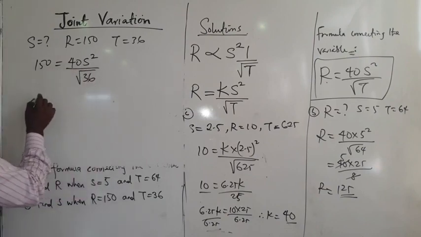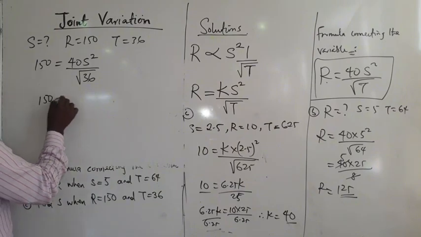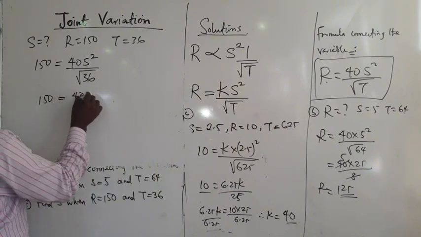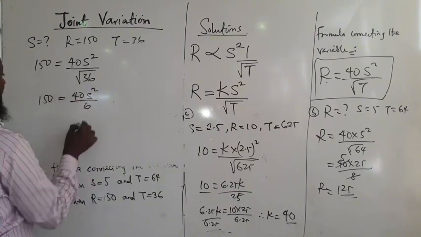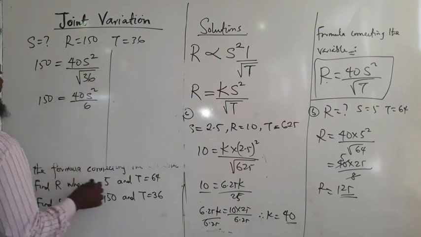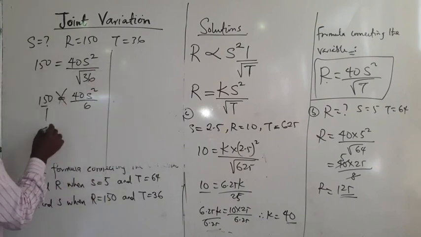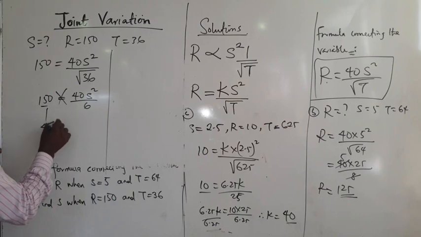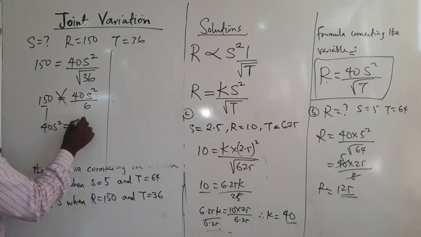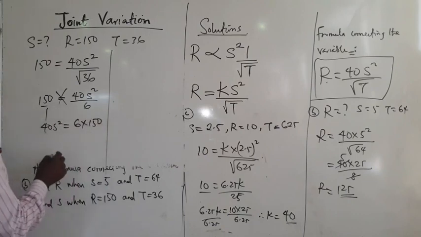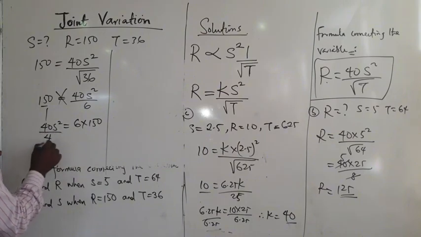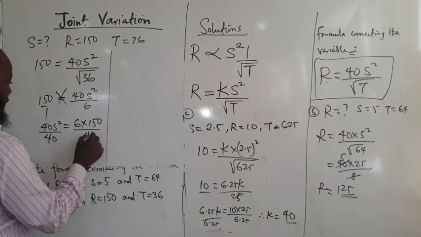So this will give us 150 equals 40 s squared over 6. So we can cross multiply here. This will mean 40 s squared equals 6 times 150. So divide both sides by 40.